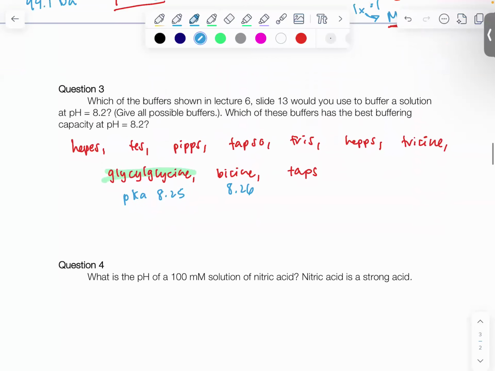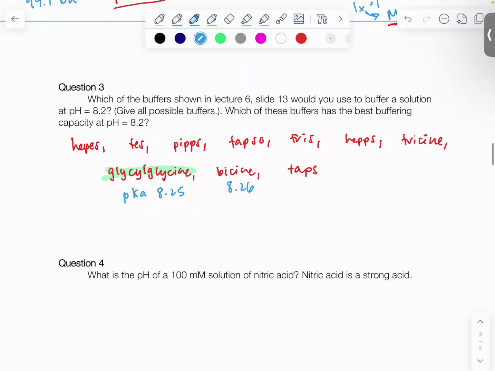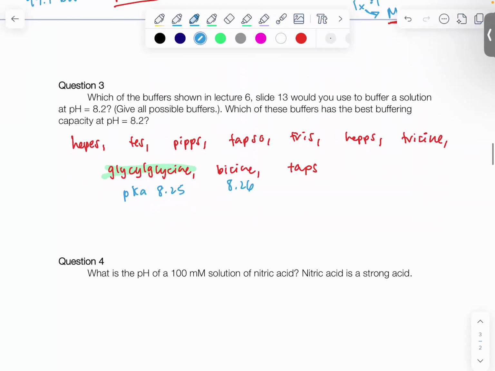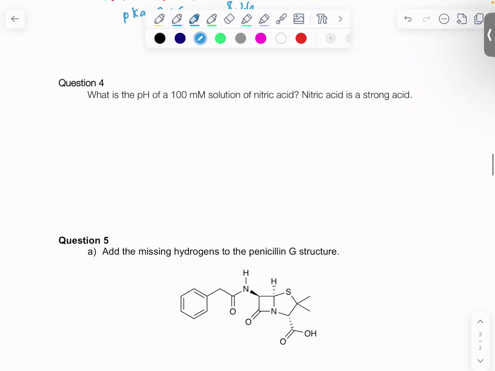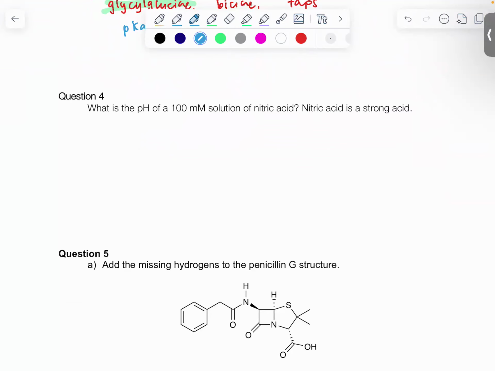Other questions on 3? Okay. Question 4. What is the pH of 100 millimolar solution of nitric acid? Nitric acid is a strong acid. Where do I start with this one?